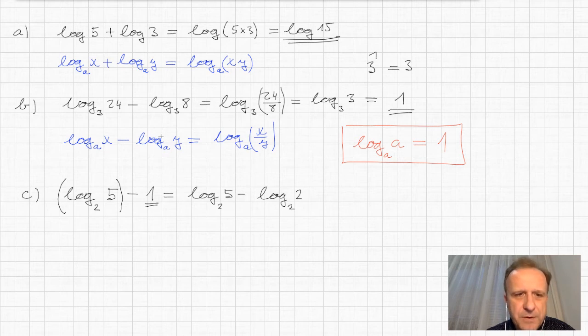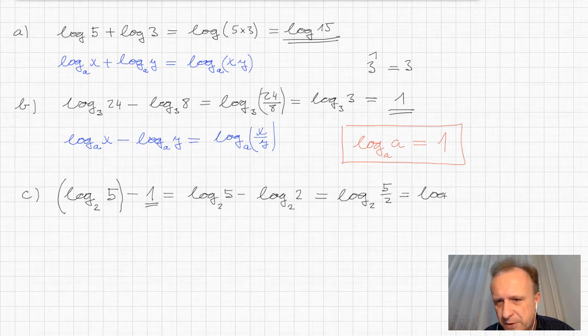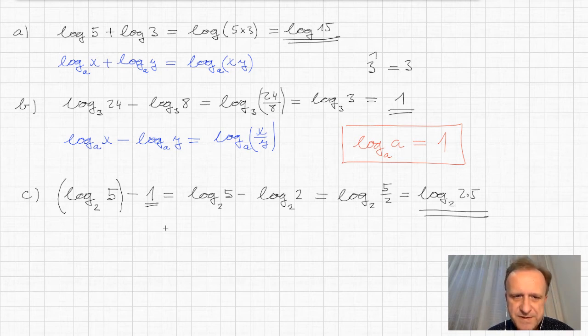What we use is this law here. So this should be the logarithm in base 2 of 5 over 2. And it can be replaced like this. It's the logarithm in base 2 of 2.5. So this should answer the last part of this exercise.